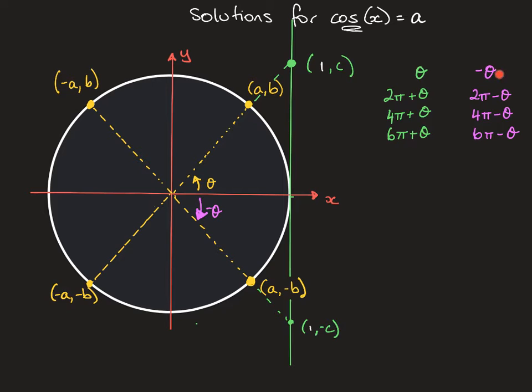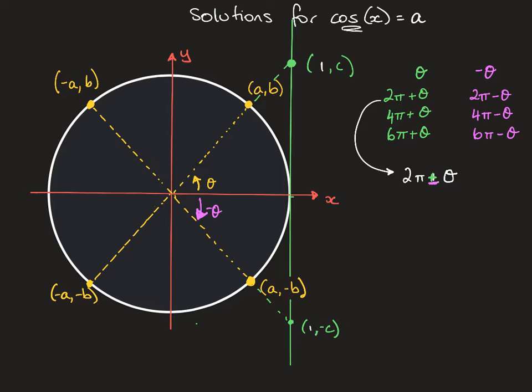So adding 2 pi on here, plus 2 pi, swap them around. 2 pi minus theta, 4 pi minus theta, 6 pi minus theta. So now you can see we've got a definite pattern here. And because we're using 2 pi plus theta, 2 pi minus theta, we can combine the two lines together to represent 2 pi plus and minus theta.